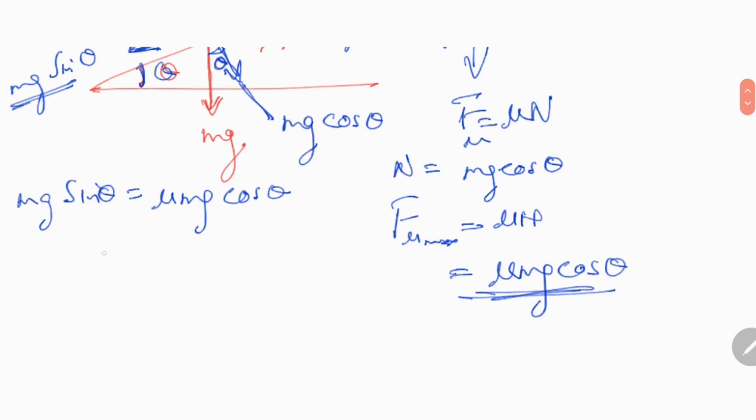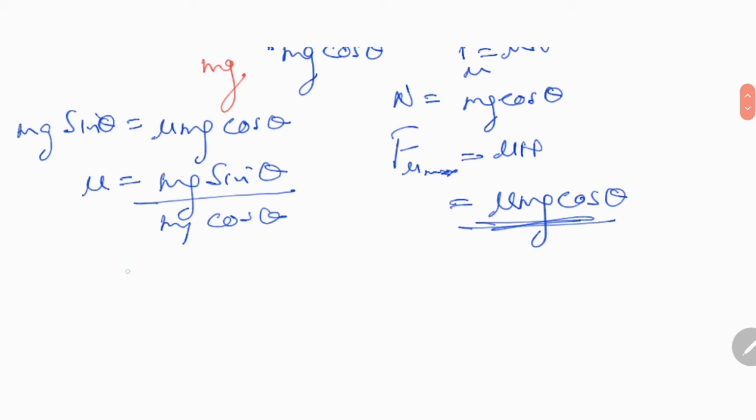Therefore mu will be equal to mg sin theta by mg cos theta, and this is nothing but tan theta. This is a very important relationship.